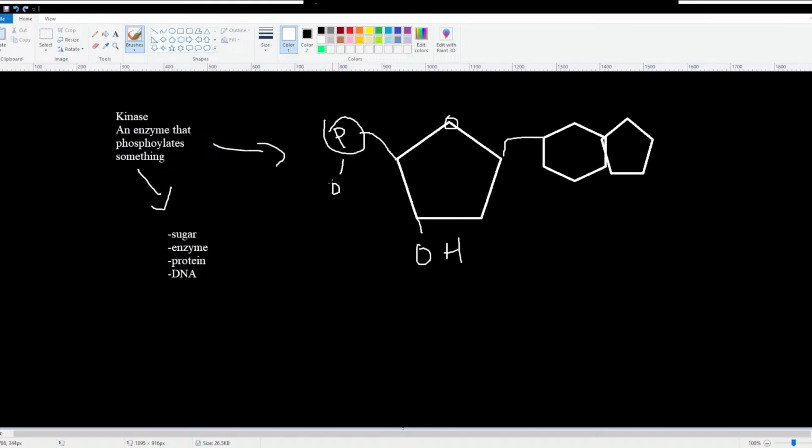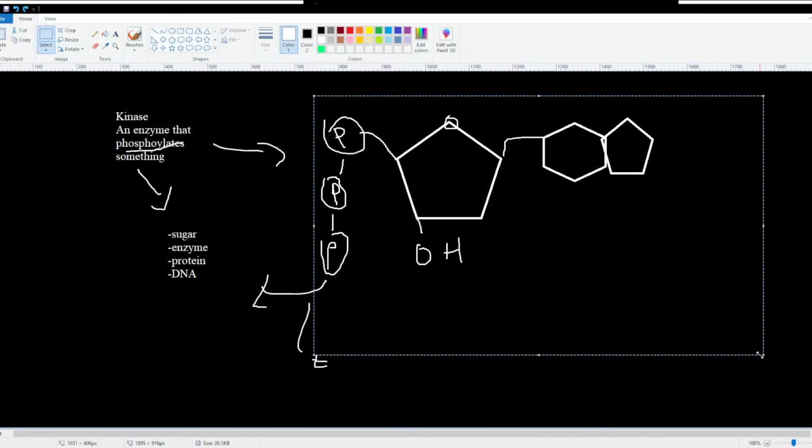ATP has three phosphates. So what ATP does is it has these high energy phosphate functional groups that are going to be released, and they're also going to release energy, and they're going to add a phosphate group to something. So that's what a kinase does. It phosphorylates something by using ATP, and ATP offers the energy as well.